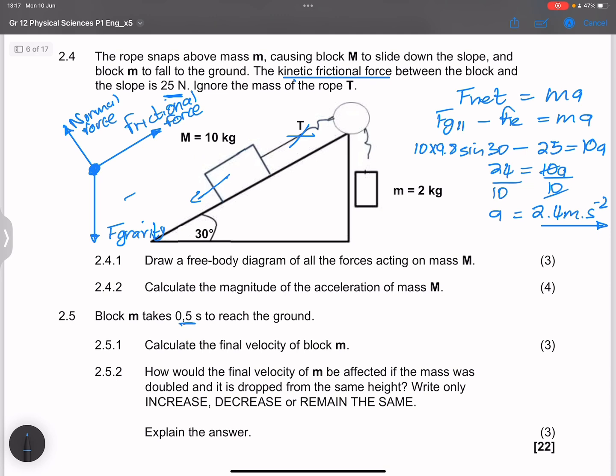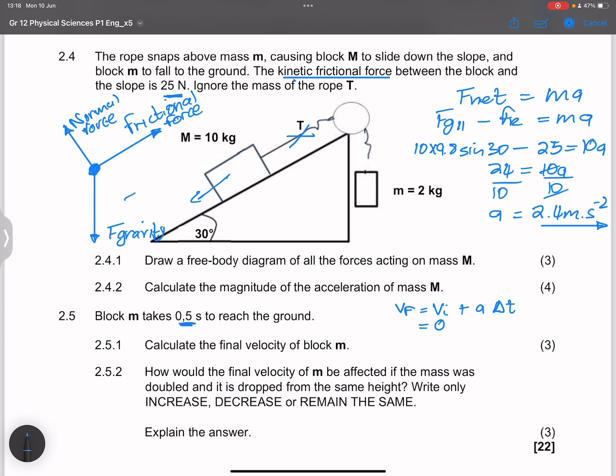The initial velocity must have been 0, okay? And we know the acceleration. Remember, it is accelerating due to gravity. So what we're going to say is VF equals VI plus A delta T. We want the final velocity. We've got the initial, which is 0.